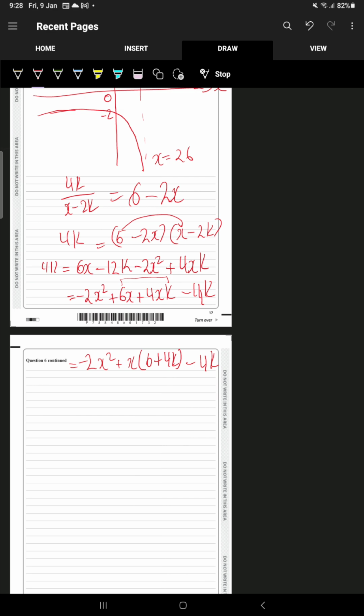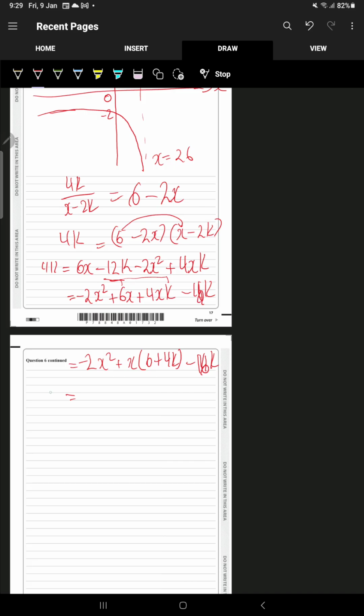I forgot this thing over here. So minus 12 minus 4 is going to give minus 16k. Let me check if I made any mistake. Okay, this was minus 16k.